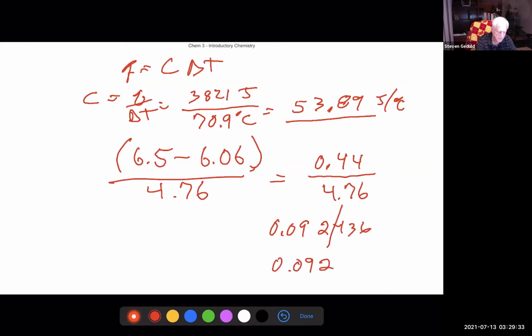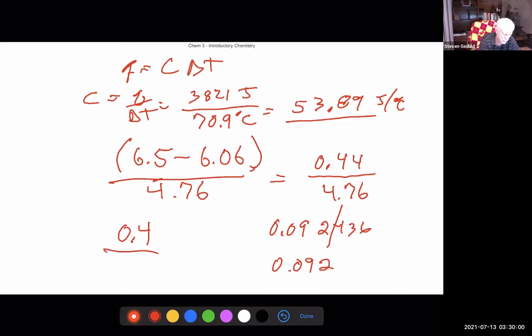So I would say 0.092. Sometimes I might put 0.0924, depending on where they rounded it. Or actually 1 significant digit. Okay, if they round it, it depends where they rounded it. Because actually 6.5 is going to be 0.4 because you're only good to 1 place past the decimal.